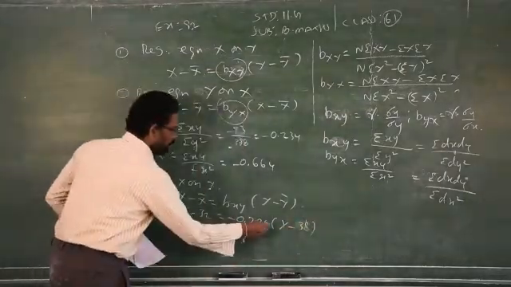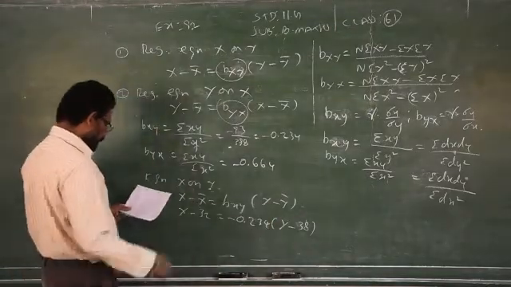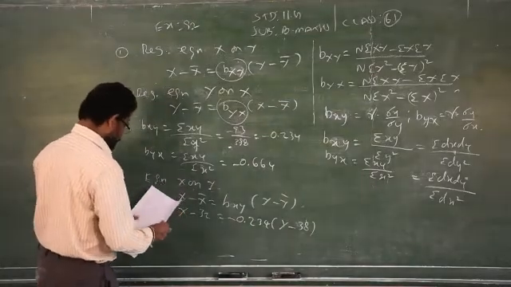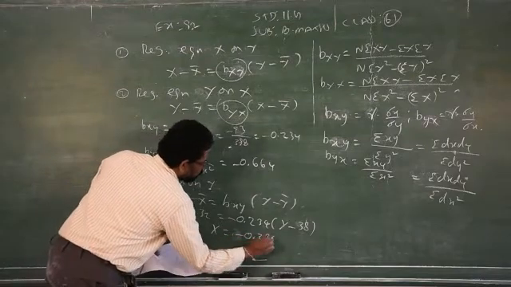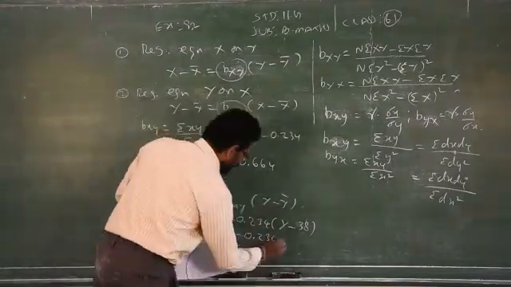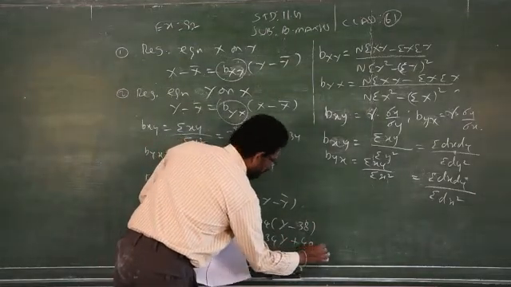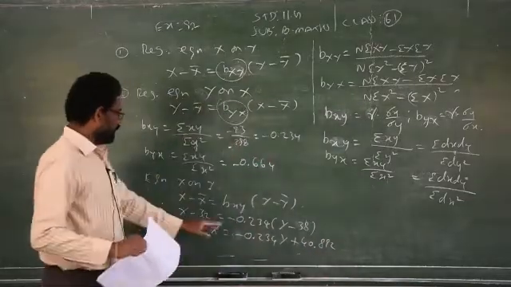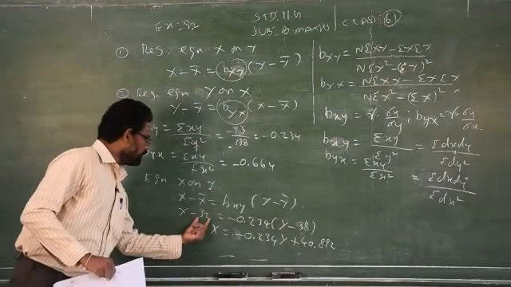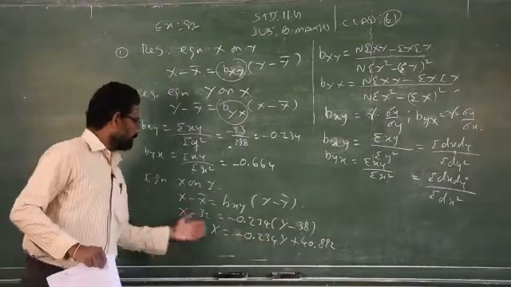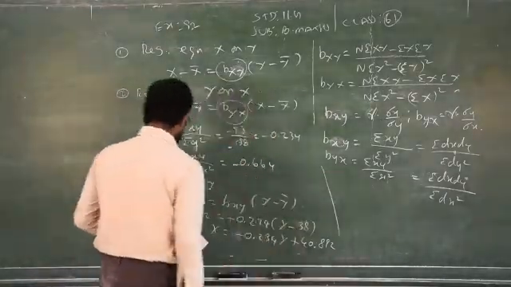Just take minus 0.234 inside the bracket, multiply it, you will get the answer x is equal to minus 0.234 y plus 40.892. Clear? Just take minus 0.234 inside the bracket, multiply and take minus 32 to the right hand side. Then you keep x alone, take the remaining terms to the right side, simplify, you will get the answer. This is the equation x on y.